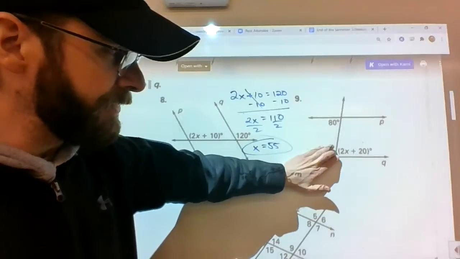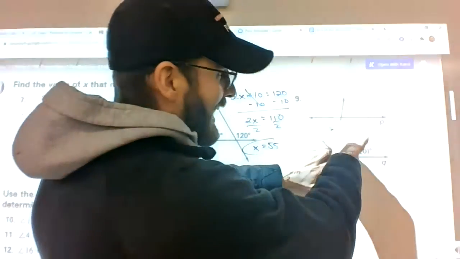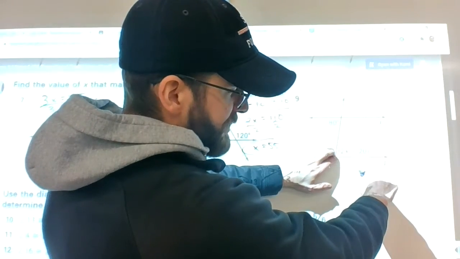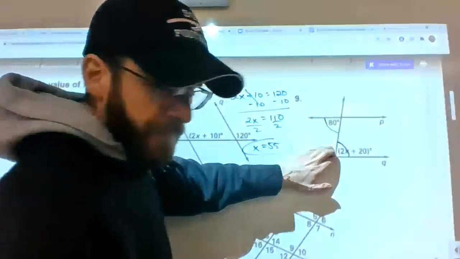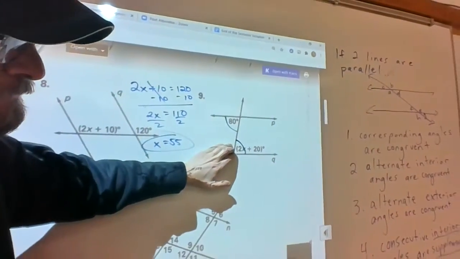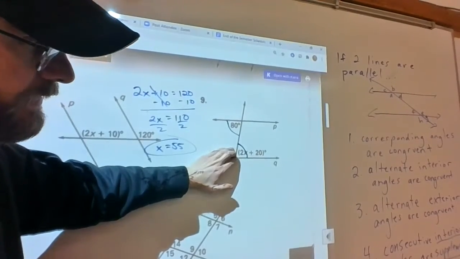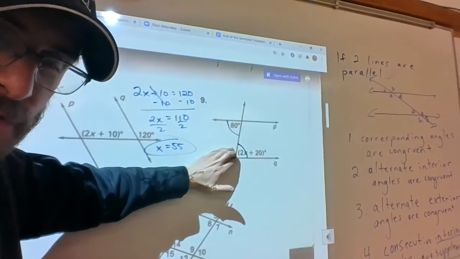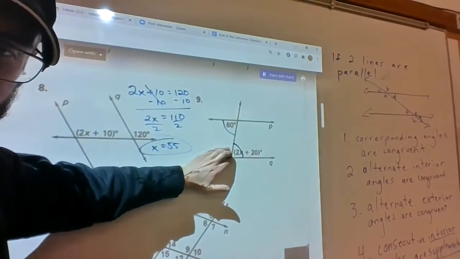Now, if we forget about the 2y for a moment, you should be able to recognize that 80 and 2x plus 20, this angle here and that angle there, have a special relationship. They're alternate interior angles. And because we're forcing those two lines to be parallel, you know that they are congruent.